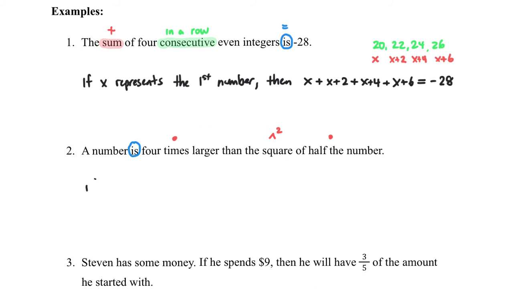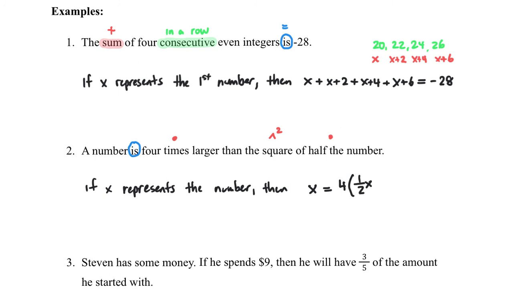Okay, so if x represents the number, then a number is 4 times larger than the square of half the number.